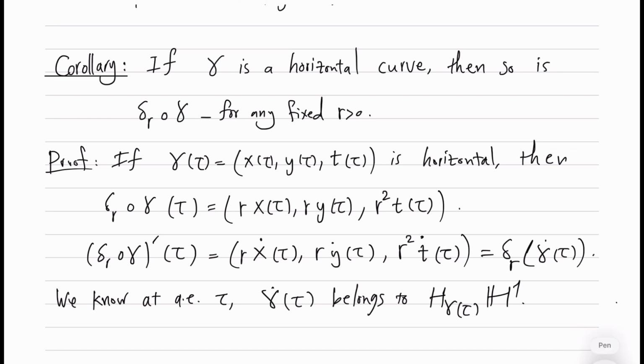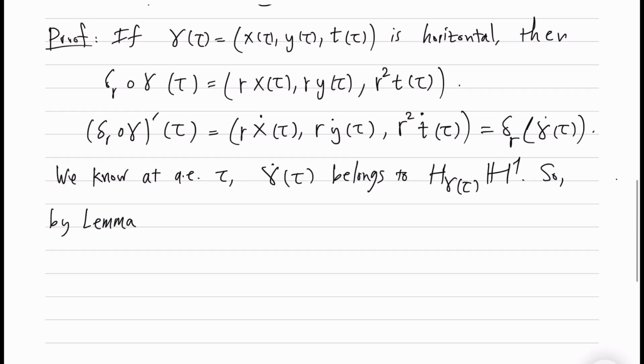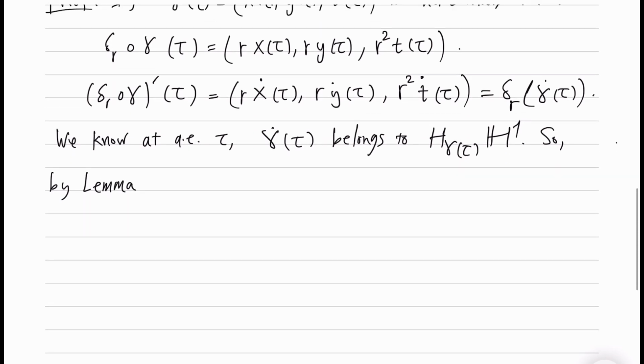So we know that this is true by assumption, and so by the lemma, at every such tau, the dilation of the curve's velocity again belongs to the horizontal plane at the dilation of the base point.